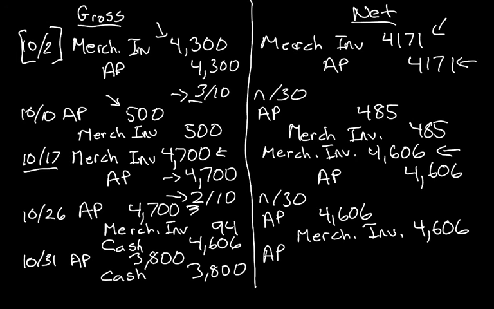So, your accounts payable is going to be $3,686, and that's because you're going to debit an account called discounts lost for $114. And finally, you're going to credit your cash account for the $3,800 that you're going to pay the vendor to complete the October 2nd purchase.